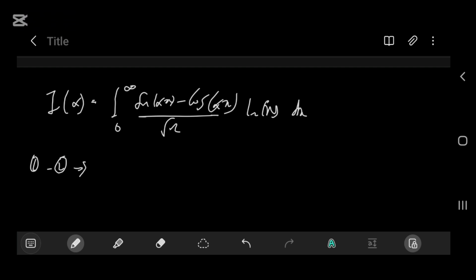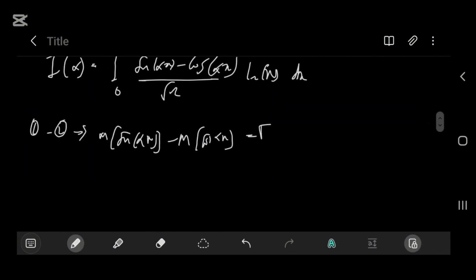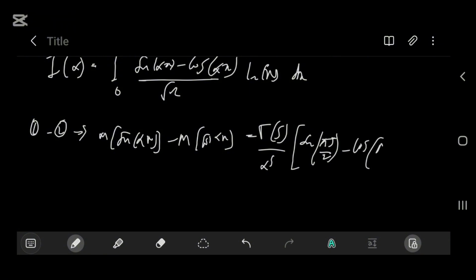We get the Mellin transform of sine alpha x, naming the variable x so nothing changes, minus the Mellin transform of cosine alpha x, which is equal to gamma of s over alpha to the power s times (sine pi s by 2 minus cosine pi s by 2).